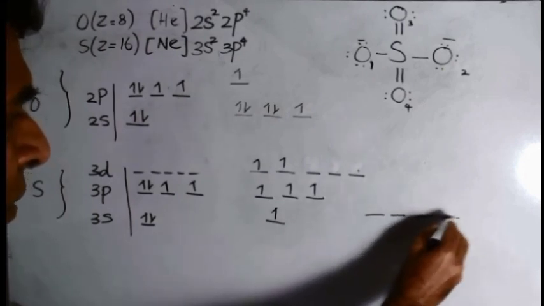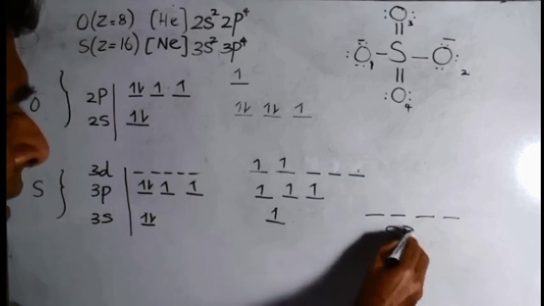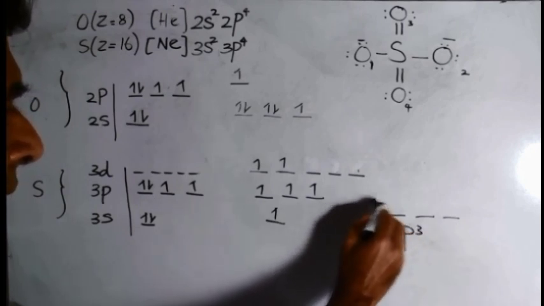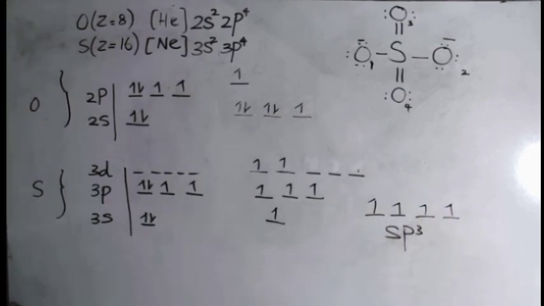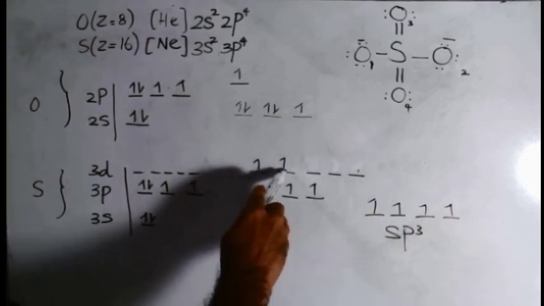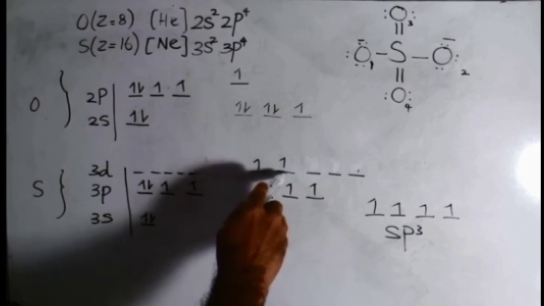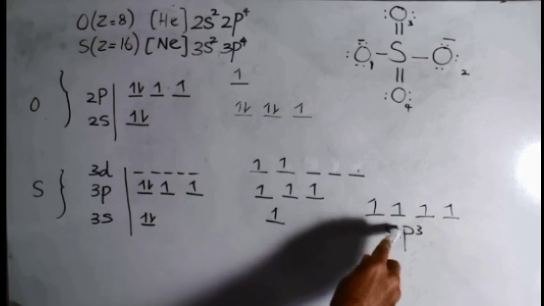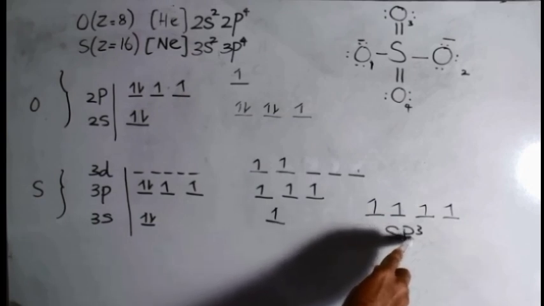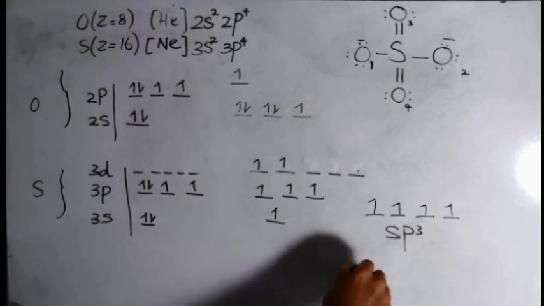So we can use 1 from s and 3 from p. These unpaired electrons in the d sub energy level will be used to make the 2 pi bonds, and these 4 hybridized orbitals will be used to make 4 sigma bonds.